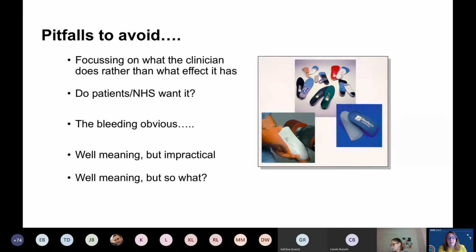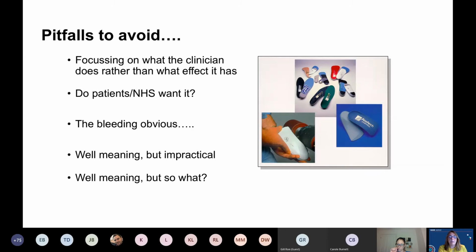So a lot of my work is in foot orthoses, and we've done a lot of work looking at the effect of customised devices, which absolutely have been demonstrated to have an effect on certain conditions, versus less expensive off-the-shelf devices that are mouldable.